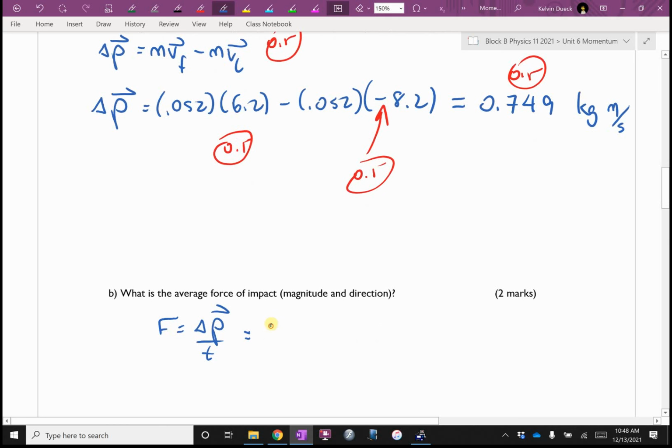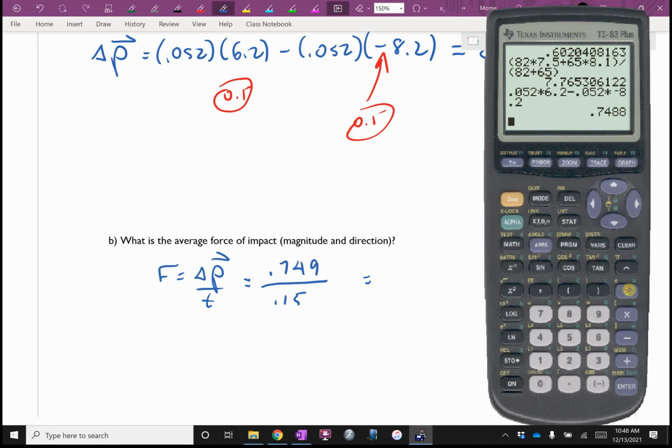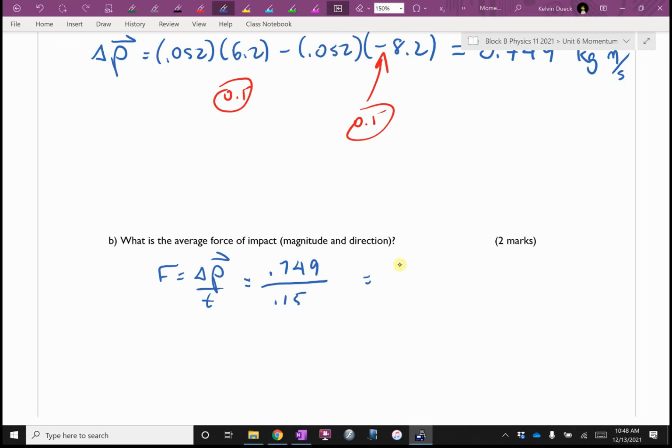It's going to be 0.749, I'm using my answer button, divided by 0.15. Did y'all get almost exactly 5 newtons, 4.99 newtons? I would give you 1 mark if I saw that, half mark for the numbers, half mark for the answer.